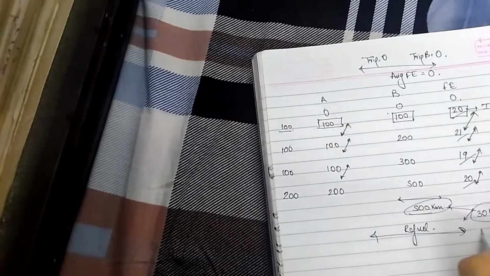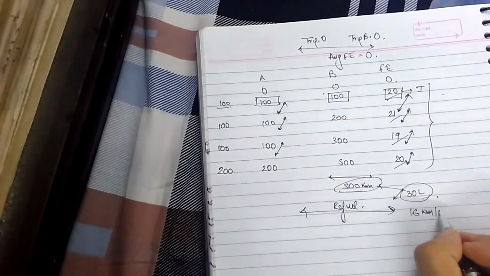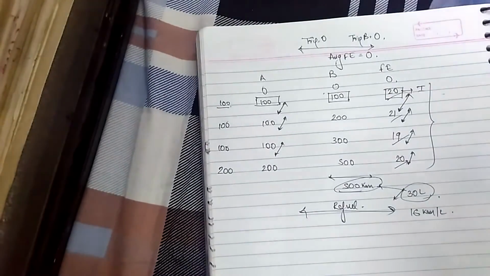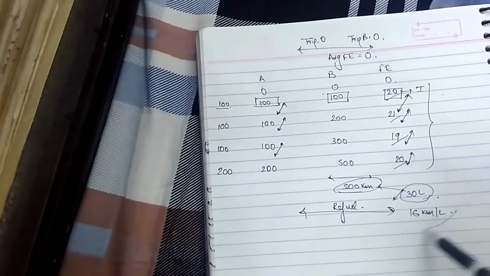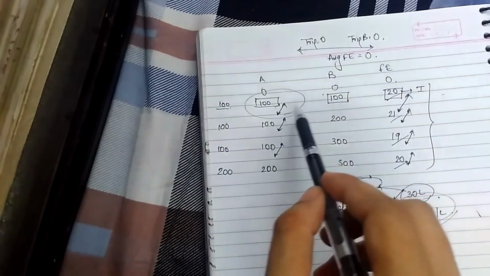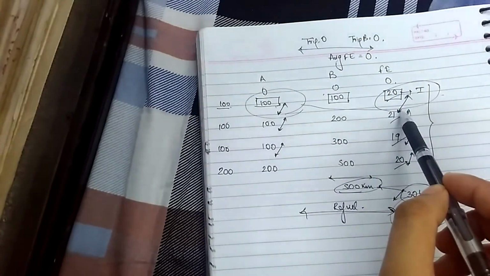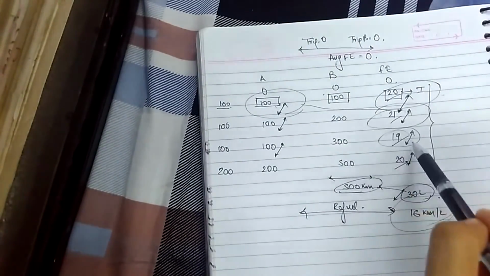So this will be around 16 kilometers per liter. Alright, so you now know that on a full tank you are getting 16 kilometers per liter fuel efficiency, and on each journey you will be getting independent data of your fuel efficiency: 19, 21, 19, 20.